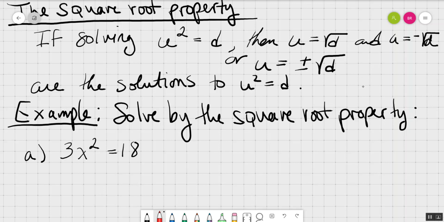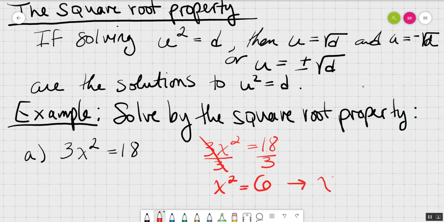The first thing I'm going to do is get the x squared by itself, because notice I have something squared on one side. So I'm going to divide both sides by 3. That'll take care of this 3, and I'll be left with x squared equals 18 divided by 3, which is just 6. So then, using the square root property, x has to be plus or minus the square root of 6. And that's it. We're done. So anytime you get down to something squared equals 6, you'll apply the property and get your two solutions.